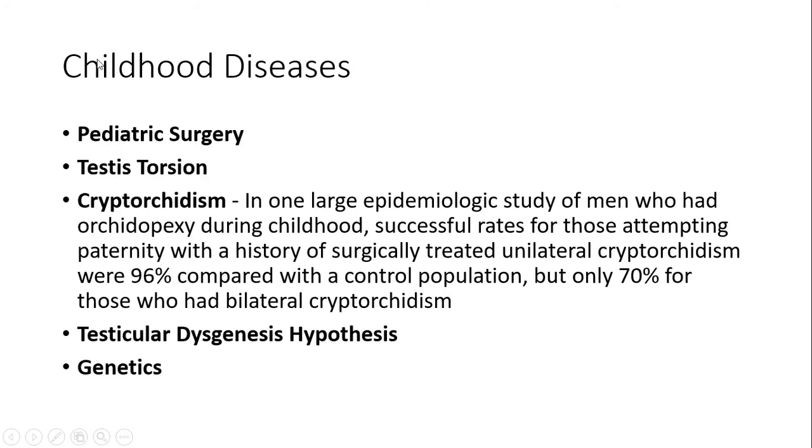And childhood diseases. You have to ask your patient about pediatric surgeries, which may be due to cryptorchidism or a history of testis torsion. We will discuss testis torsion in childhood pathology of urologic disease.